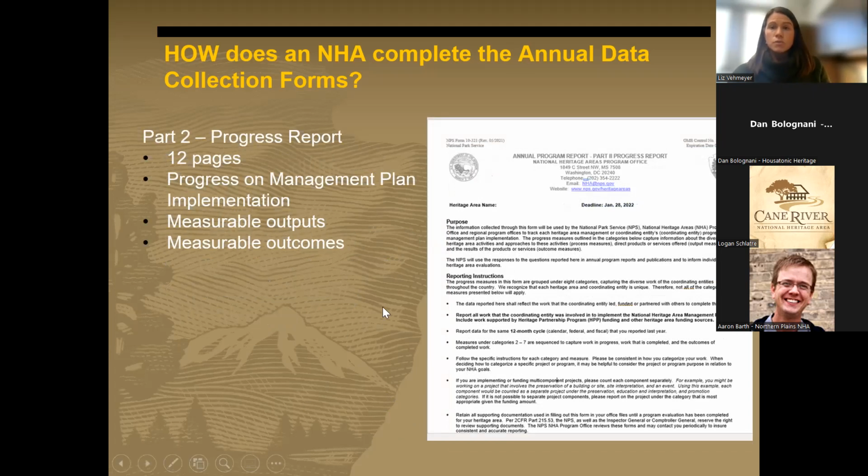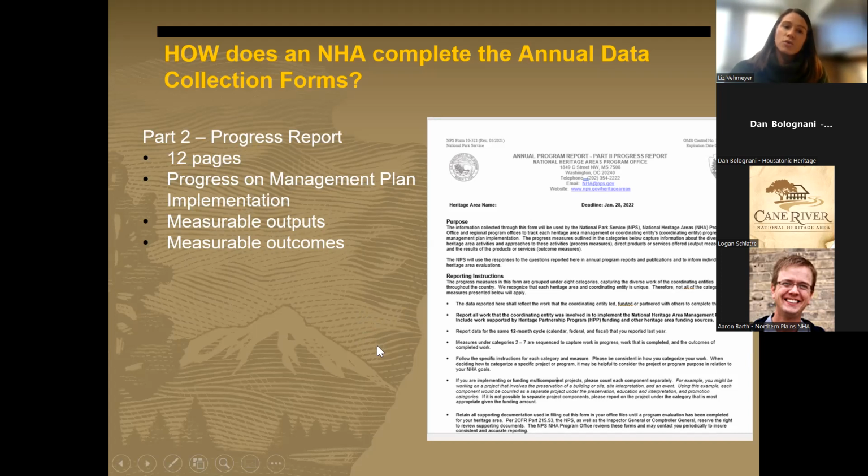The part two is the longer of the two forms. It's about 12 pages, but hopefully it doesn't cause too much heartburn. It is seen as a progress report, but really it's about how the implementation of your management plan has been going. Not all 12 pages and all questions may actually pertain to what your organization does, so it might not be a full 12 pages you're filling out.